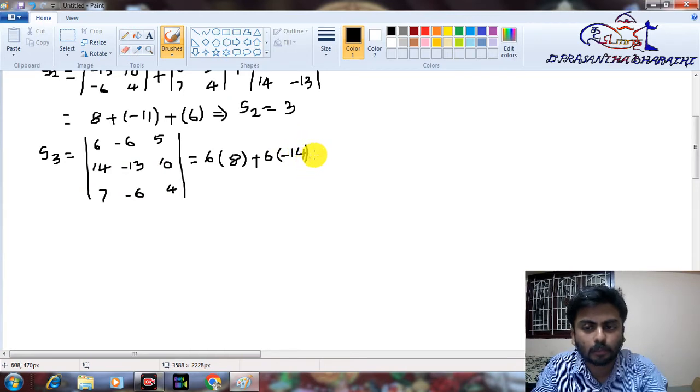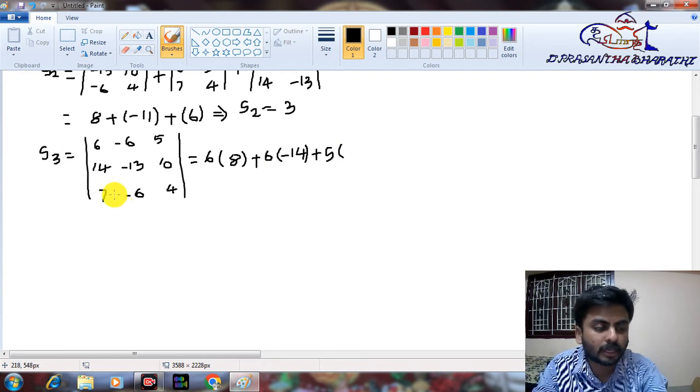And now for this 5 into, you will have 14 into -6 minus 7 into -18. So 14 into -6 is -84. Then minus of 7 into -18 is plus 91.